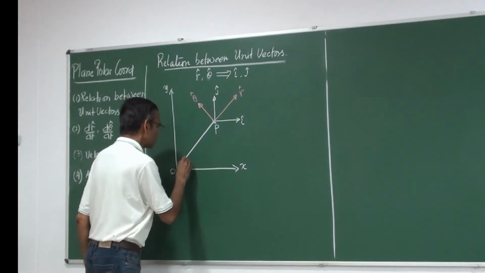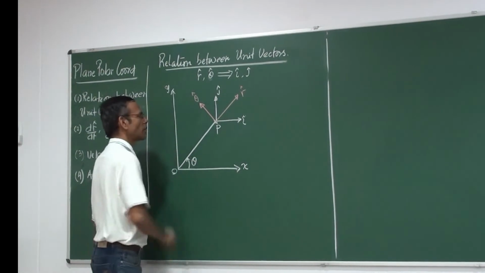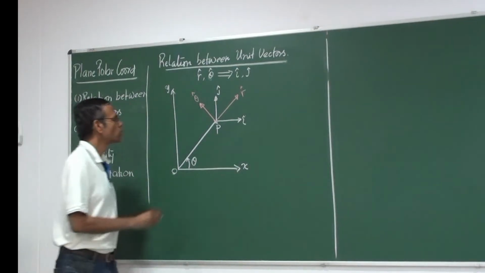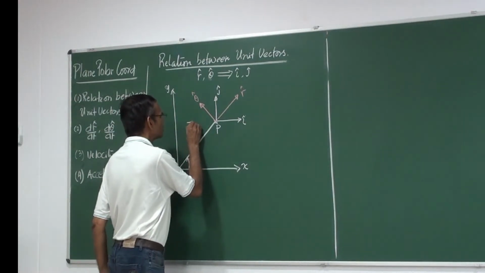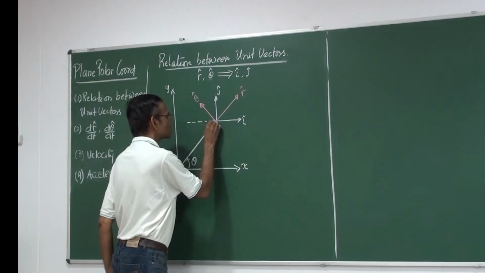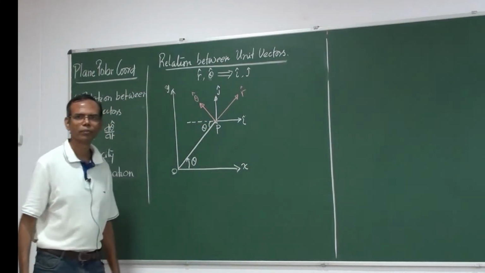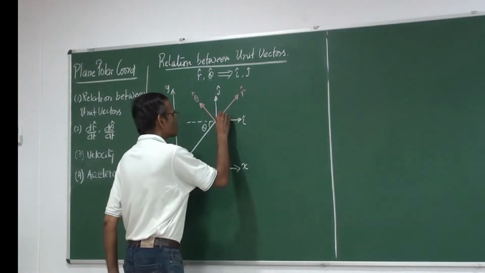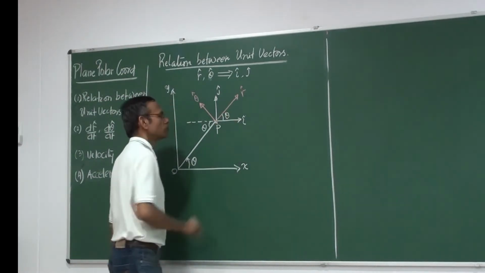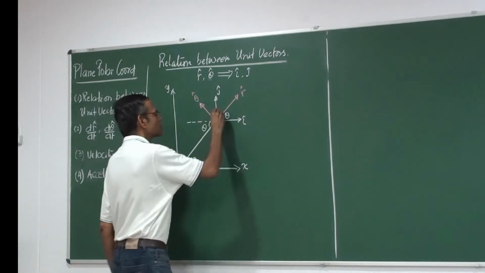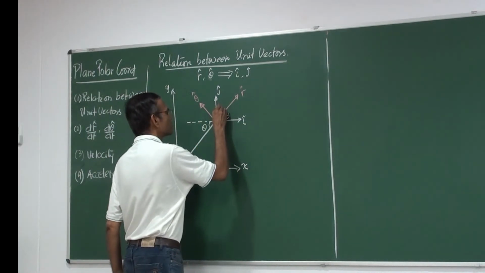Now this angle is theta. So if this angle is theta, then if I extend this line, this is also theta. This is also theta. This angle is pi by 2 minus theta.